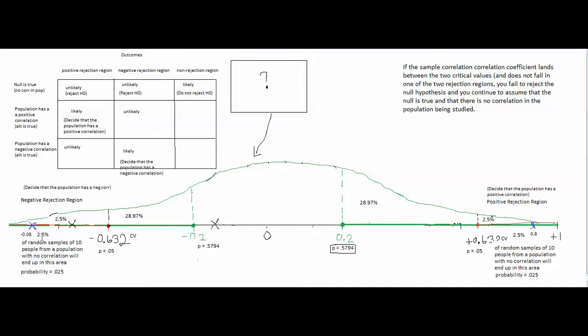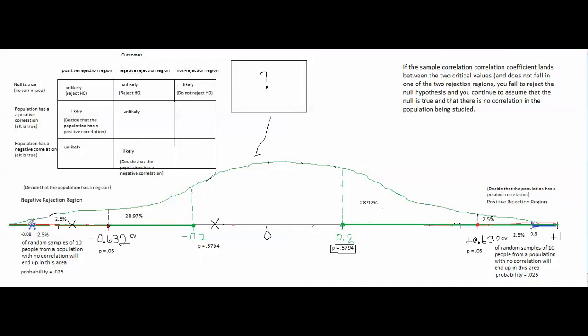Now you might guess that these outcomes out here would be especially unlikely to be reached when the null is true because they're so far from zero. And it turns out that this area, starting at 0.8, actually only has a 0.0027 chance of being reached when the null is true.